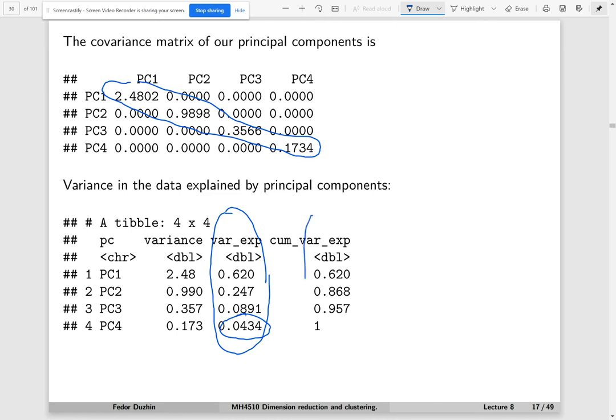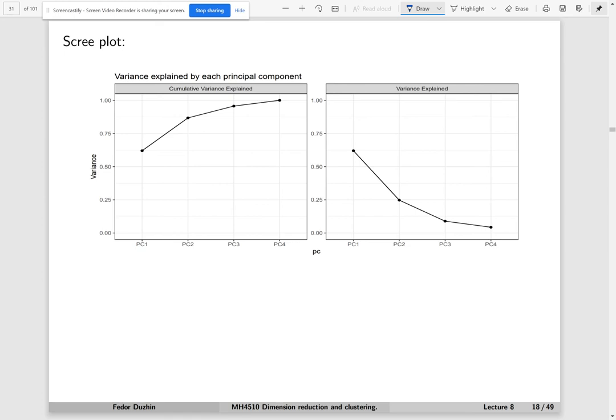And this is cumulative variance. The first principal component explains 62%. The first and the second principal components explain 87% of the data. The first three principal components explain about 96% of the data, and all four of them, of course, explain 100% of variance in our data. And we can produce the so-called scree plot.